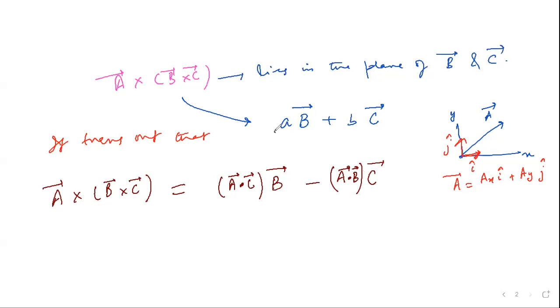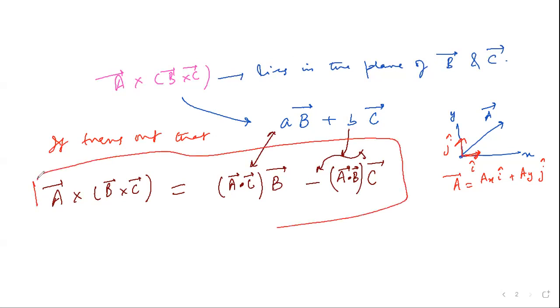So A turns out to be A dot C and B turns out to be minus times A dot B. This result you need to remember. This is sometimes called the BAC-CAB rule.